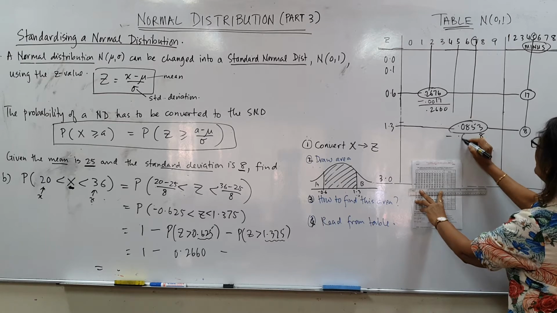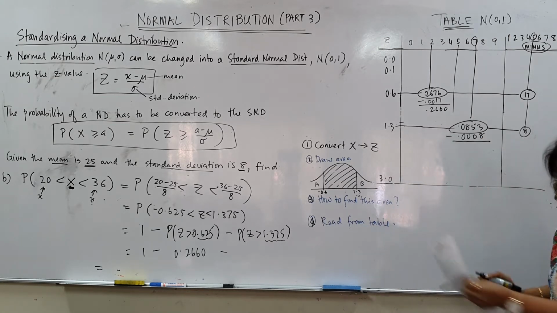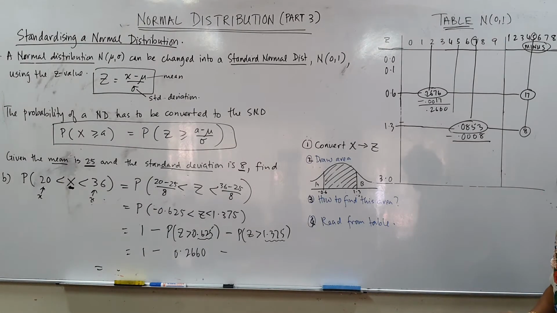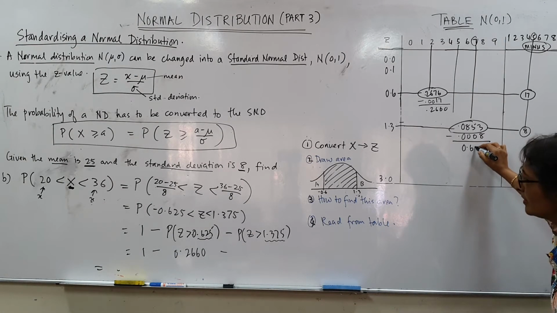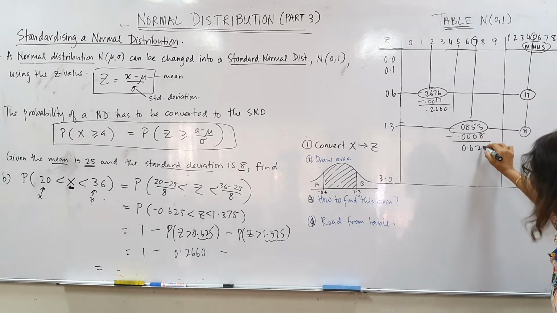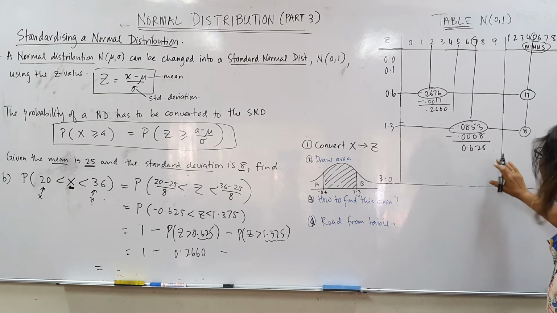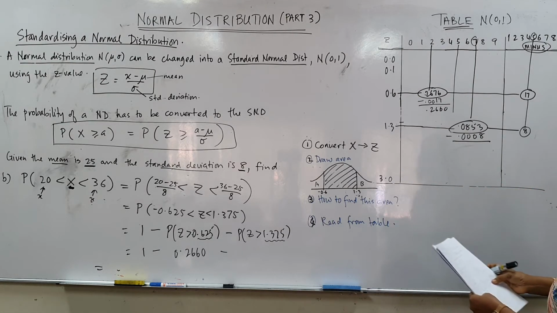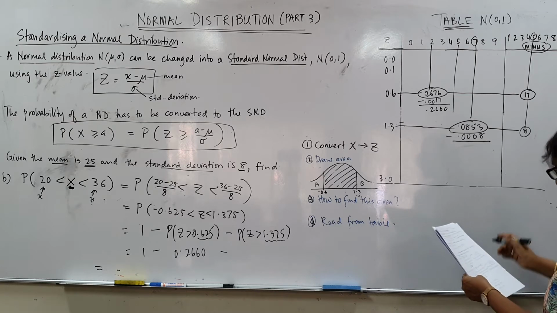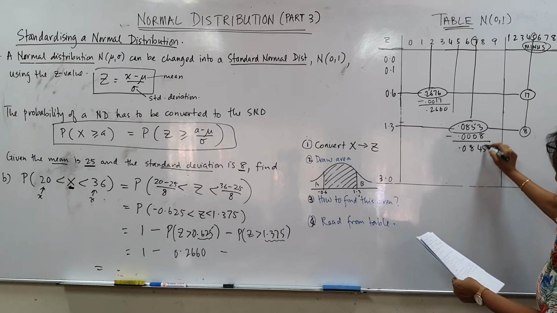Okay, we are using a calculator. You minus like this, and you will get... No, sorry. This is which one? 1.3, yeah? 0.0845.